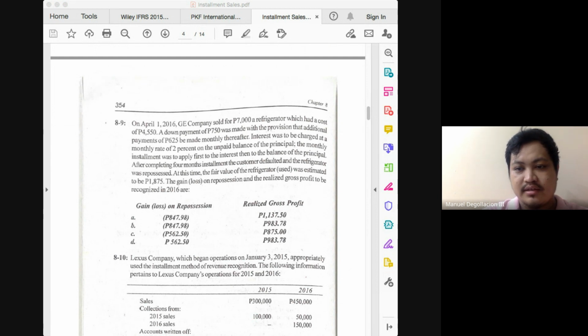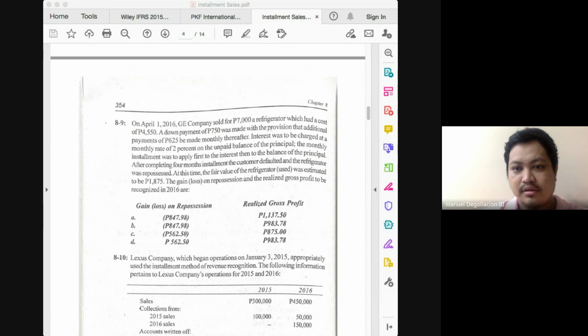The RGP here would be 983,000 and 78 centavos. Now, for your gain or loss on repossession, you just compare the fair value at the time of repossession and your unrecovered cost. In this problem, the fair value was estimated at 1,875. We just need our unrecovered cost.